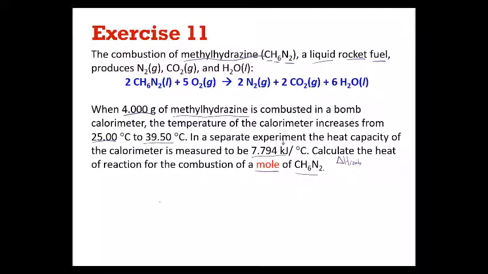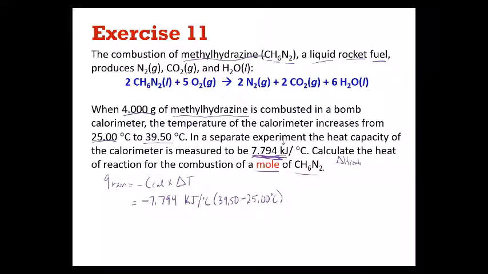So the first step, of course, is using the Q reaction, which is negative C-cal times delta T. Well, we know our C-cal, they told that to us, and we know our temperature change, so we can easily fill that in. So this is negative 7.794 kilojoules per degree Celsius times the 39.5 minus the 25 degrees Celsius.